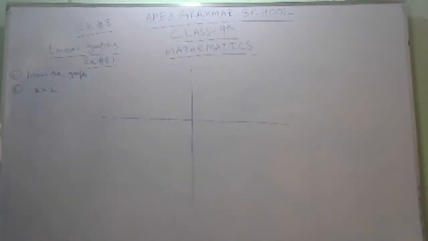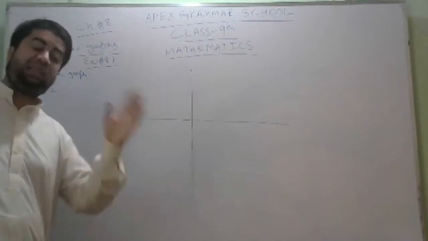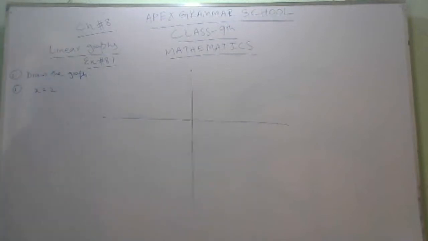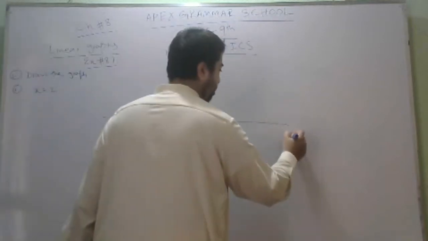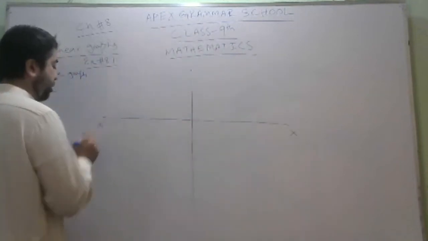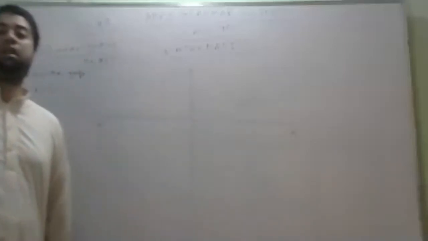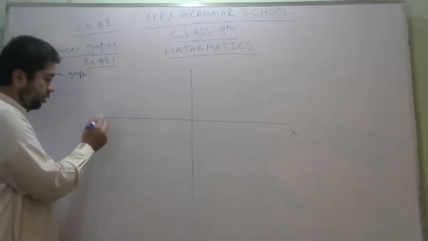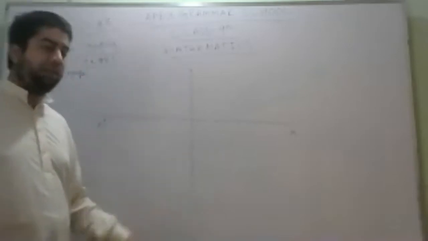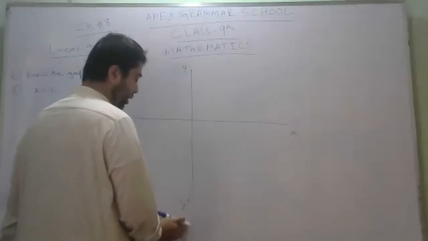We need to draw the Cartesian plane. This is called the Cartesian plane or XY plane. So this is X, this is X dash. For X you need to label the positive values, and for X dash you need to label the negative values of X. This is the Y axis, for which this is Y, this is Y dash.